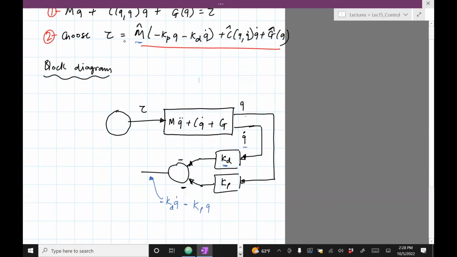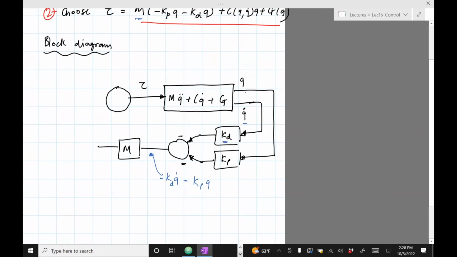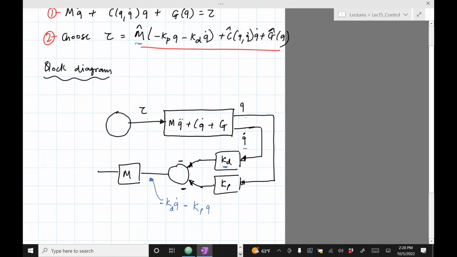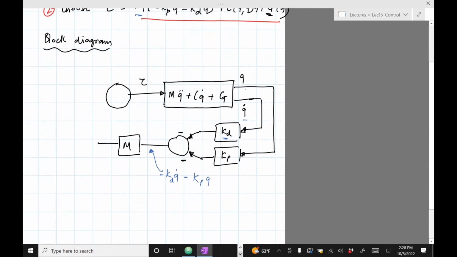So what I do is I'll get another block, which is M, and this will produce this mass M times this quantity. I also need G, and G is a function of only Q. So let's take this from here.